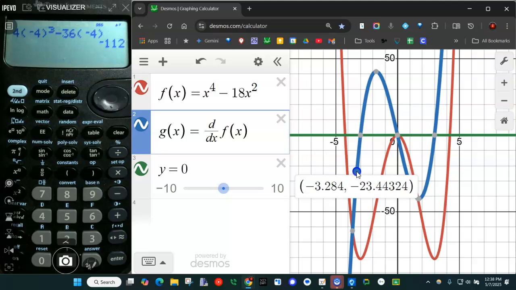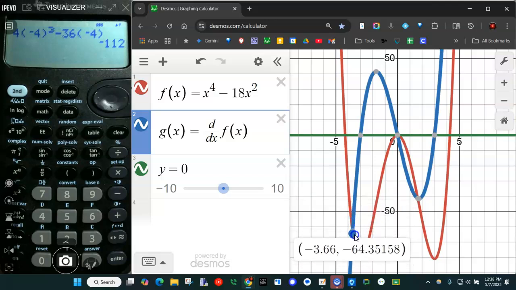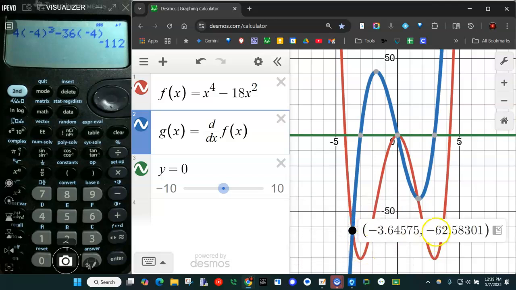Remember these numbers on the blue, the y-coordinate, that's the slope. That stands for the slope. So right here, right at this point, the slope of the red line is negative 62. Like negative 62 over 1, down 62 over 1. That's the slope of the tangent line on the red line. So that's what all these y-coordinates mean on the blue. It's the slope of the red line at that point. Okay, so definitely decreasing.